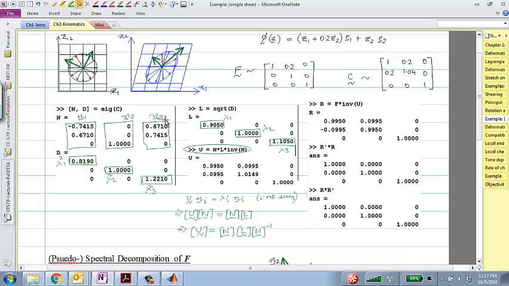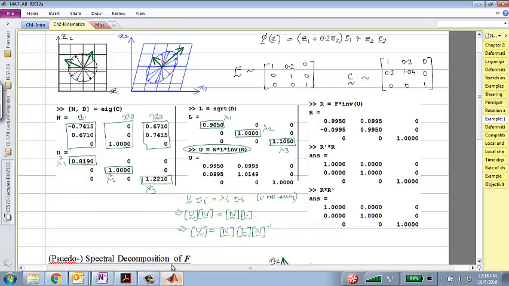This n matrix acting on this L matrix, hopefully you can see that the effect of that is going to be lambda 1 times n1, or in the second column, lambda 2 times n2, and third column, lambda 3 times n3. If I post multiply with n inverse, since L is diagonal, I'm taking the outer product of n1, n2, n3 with n1, n2, n3. And that is exactly what the U tensor is. That's what the spectral decomposition is.